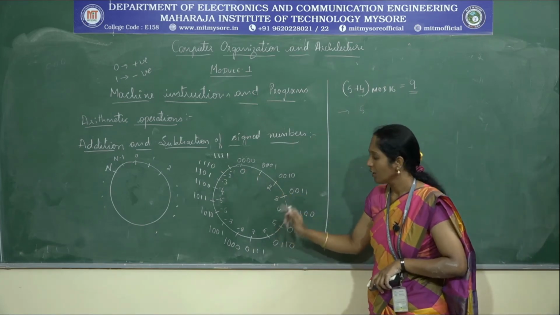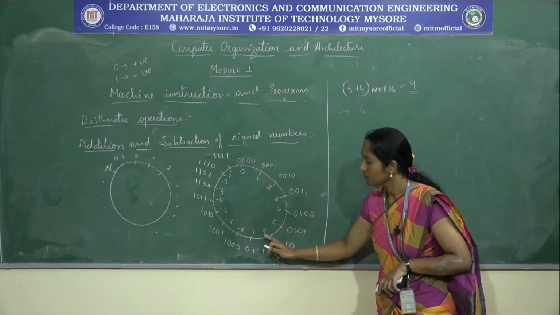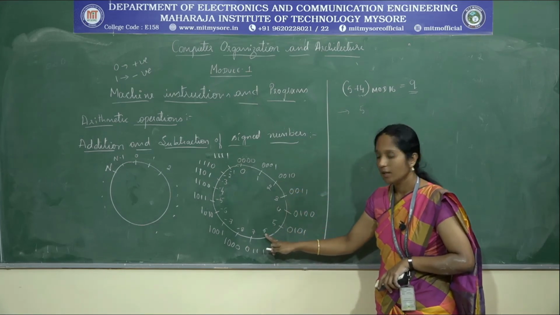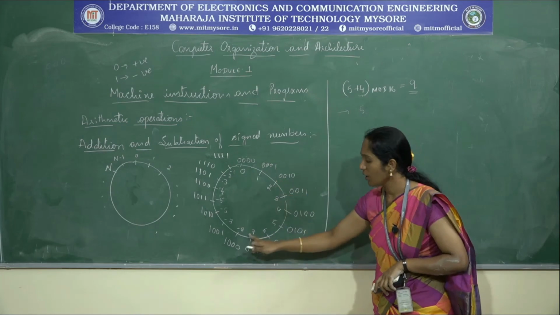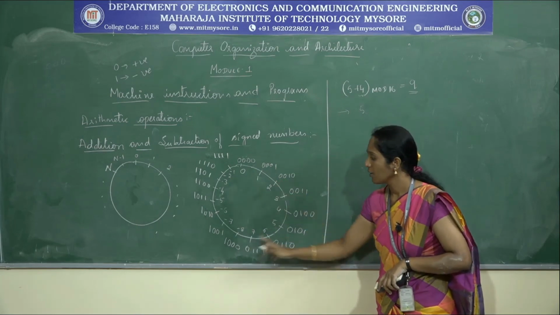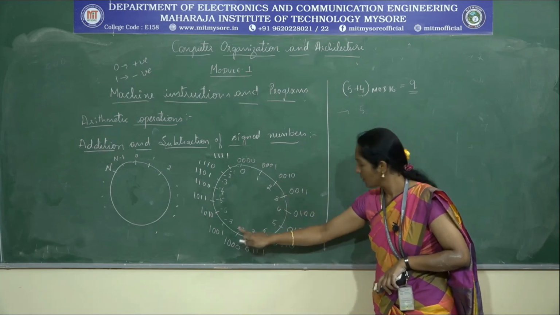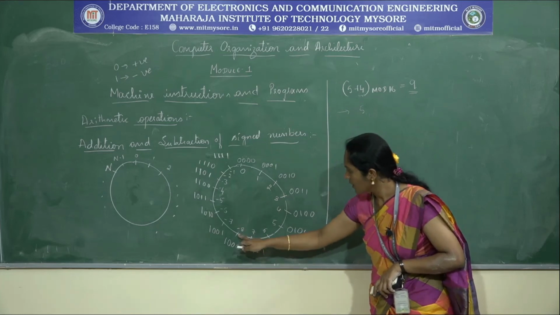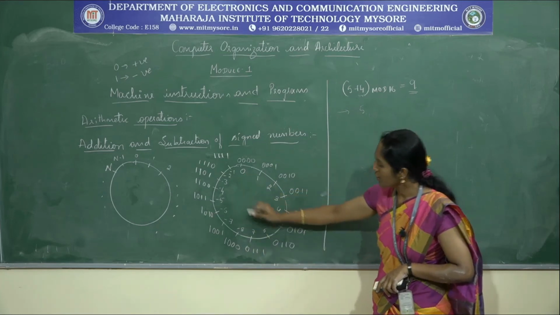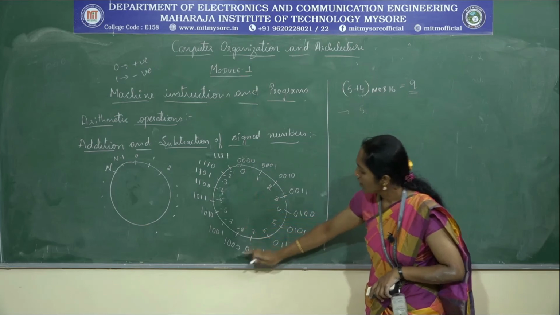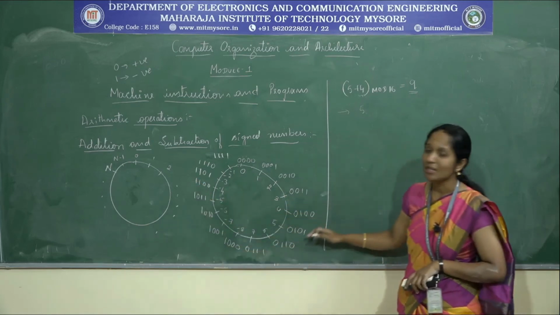Once we rotate, we get 6 as the next number. Second time when we rotate, 7, next is minus 8, but do not consider this. Instead of that, we will consider the number which is written outside.